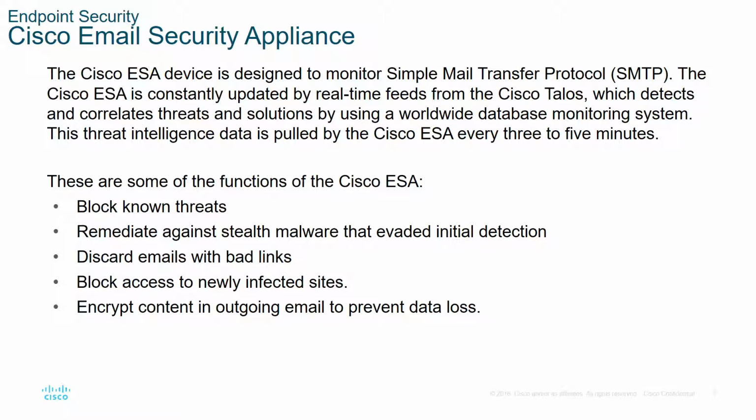This threat intelligence data is pulled by the Cisco ESA every 3 to 5 minutes. These are some of the functions of the Cisco ESA. It blocks known threats, remediates against stealth malware that evades initial detection, discards emails with bad links, blocks access to newly infected sites, and encrypts content in outgoing mail to prevent data loss.